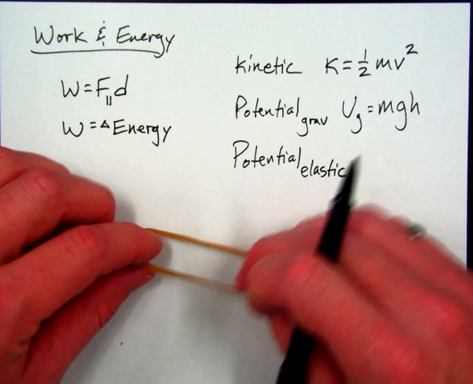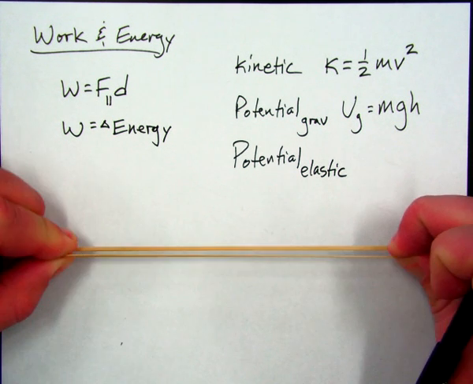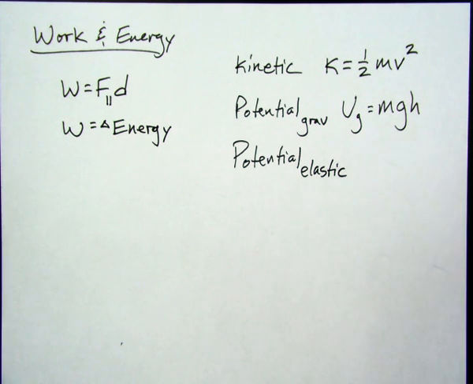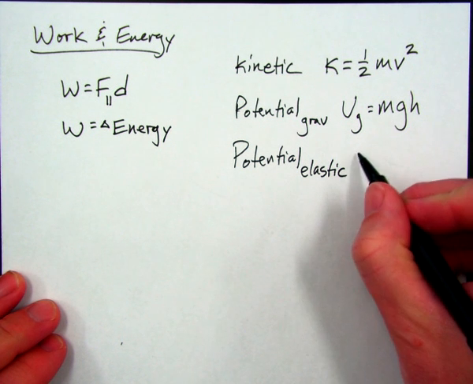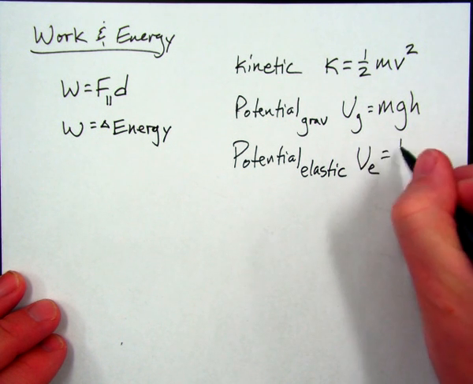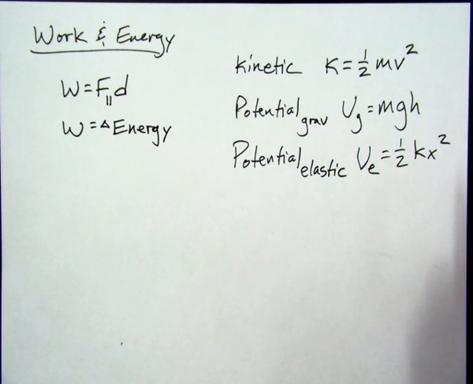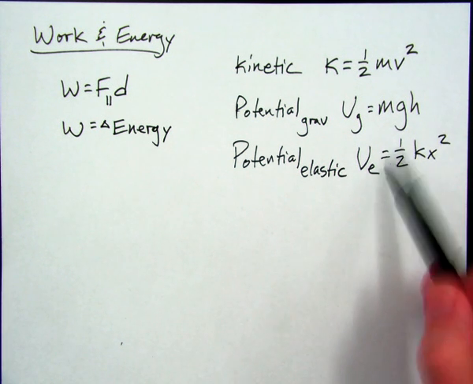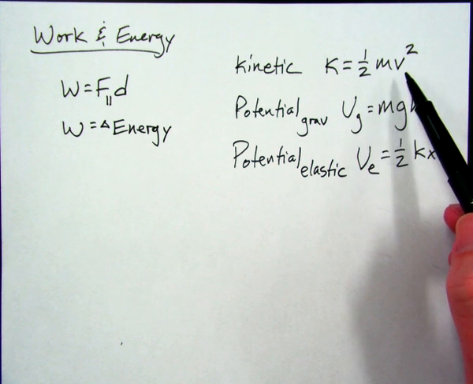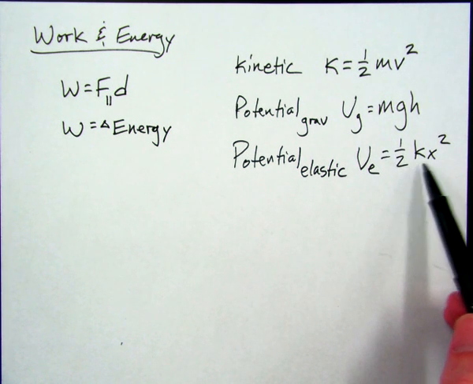When you stretch a rubber band, you're storing up elastic energy that can then be released somewhere. How much energy is that? Well, here's the equation for elastic potential energy. 1/2 kx squared. Notice it has the same form as kinetic energy, and that you'll see a lot in physics. Half a constant times a variable squared.